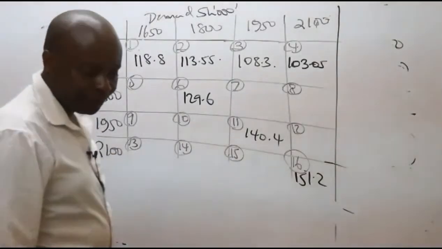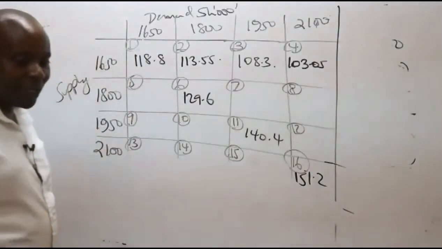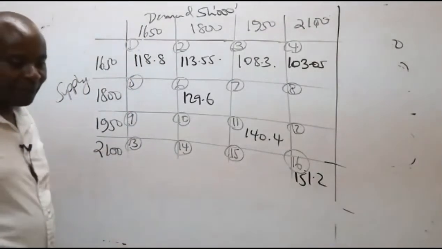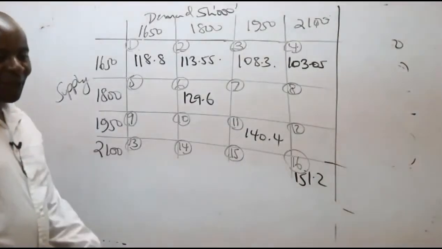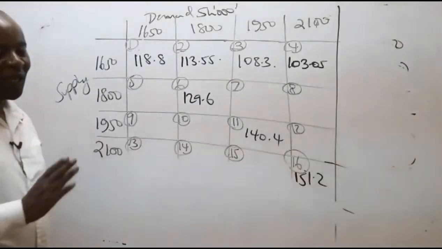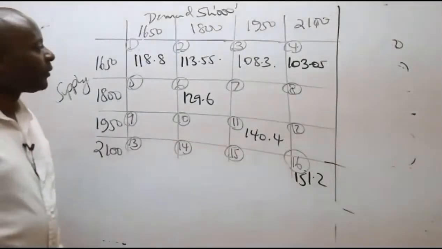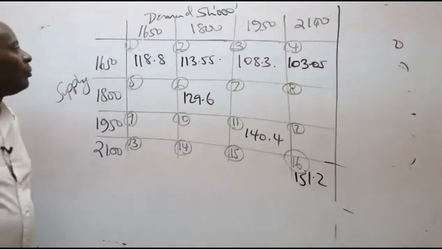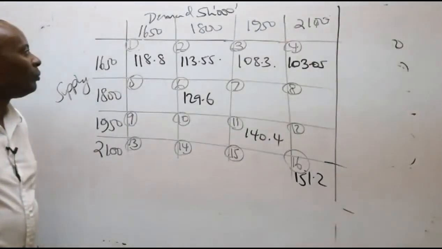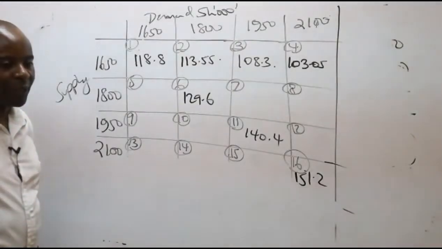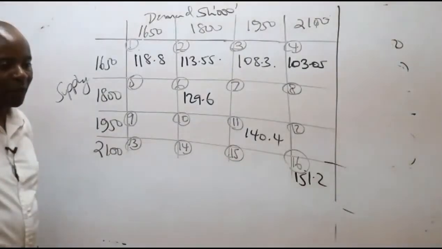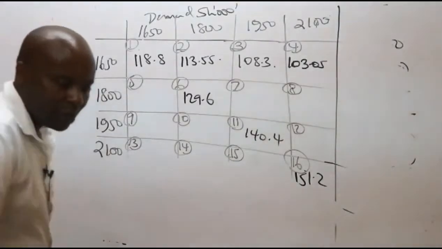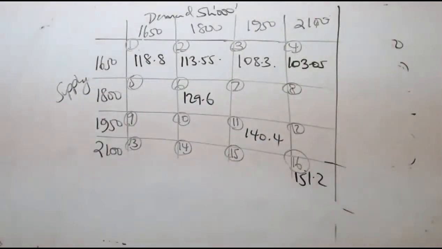Already Lokai has gotten cell number 5. I'm waiting for you to give me the profit of cell number 5. Please give me the profit of cell number 5. Talk to me. Cell number 5, what do we have?